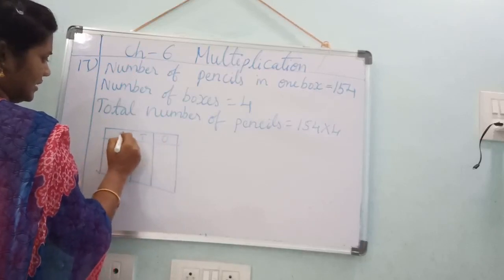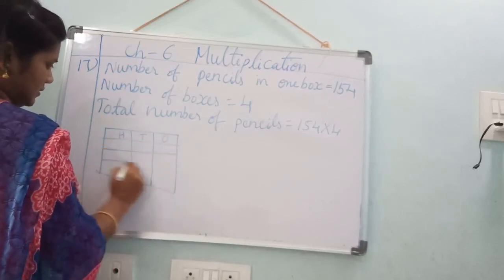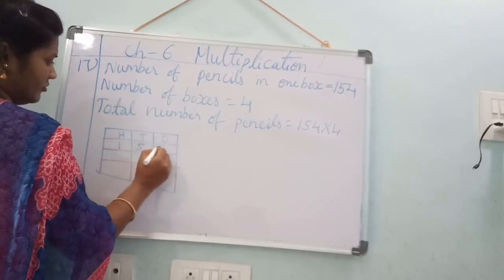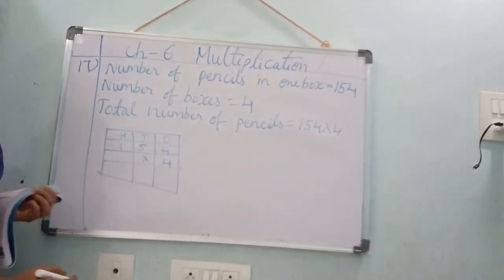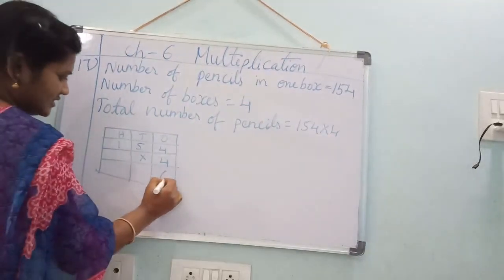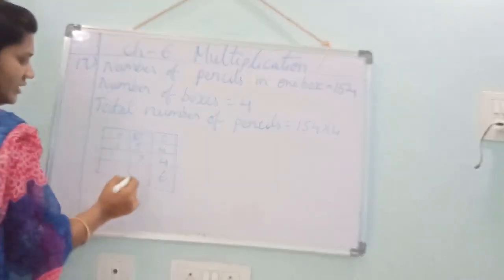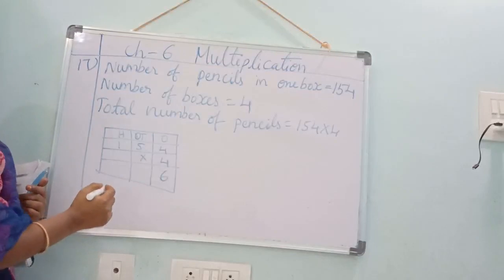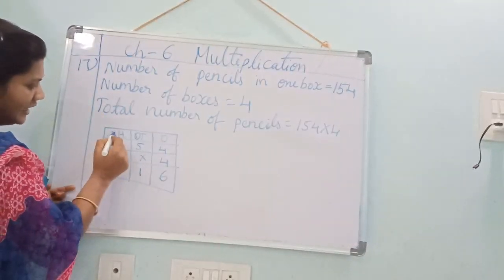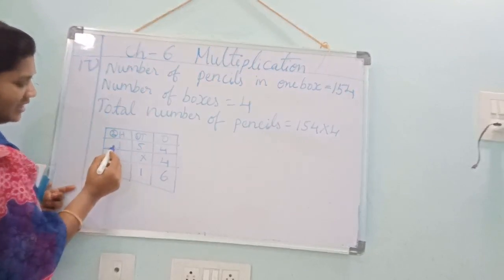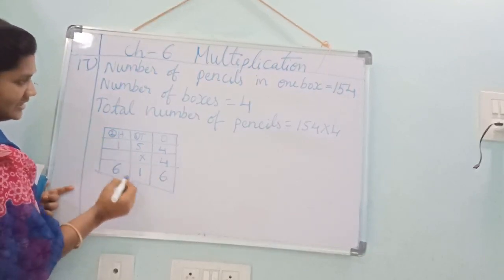Ones, tens, hundreds. 154 into 4. 4 fours are 16. 6 here, 1 carry forward. 4 fives are 20, 20 plus 1, 21. 1 here, 2 carry forward. 4 ones are 4, 4 plus 2, 6.